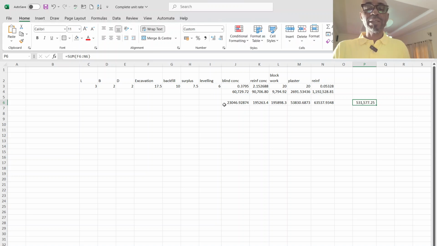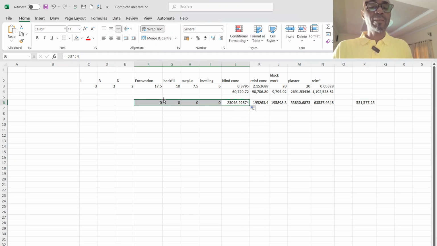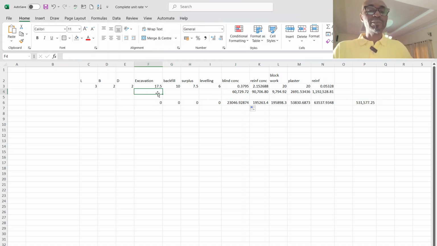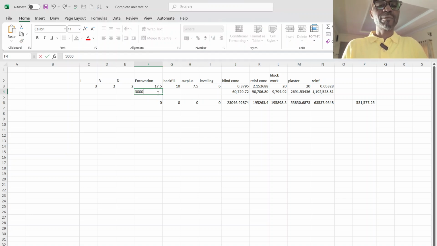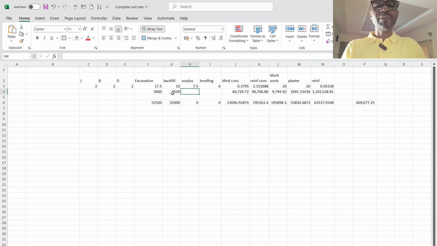So my level and compacting. Excavation, say 3,000 per cubic meter. My backfilling 2,500 per cubic meter. My surplus, say 1,000 or 2,500.